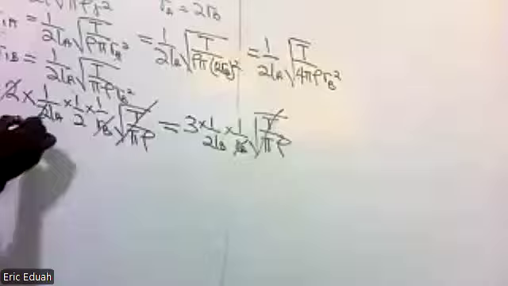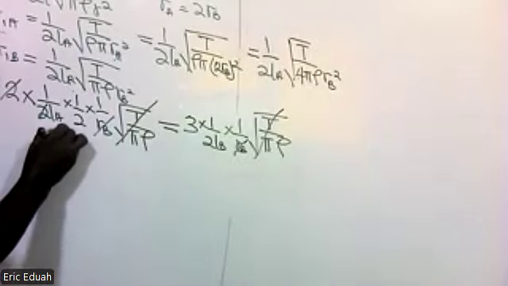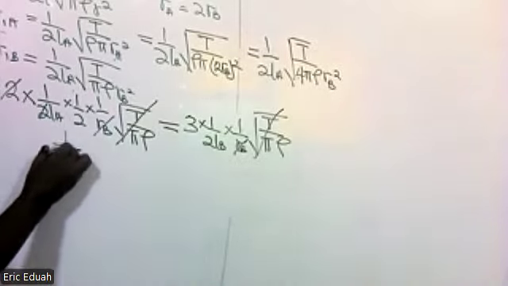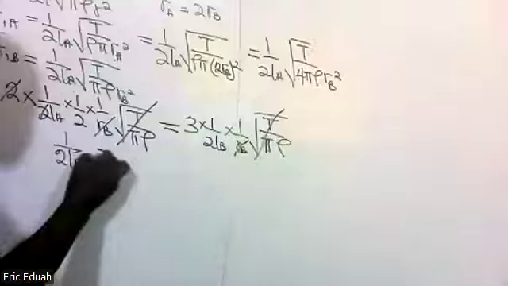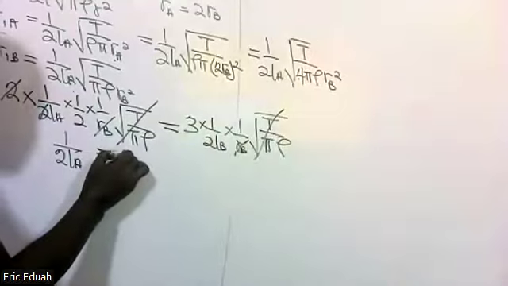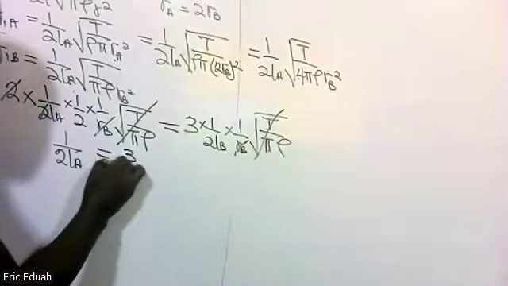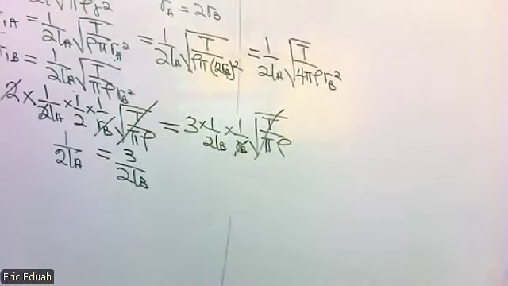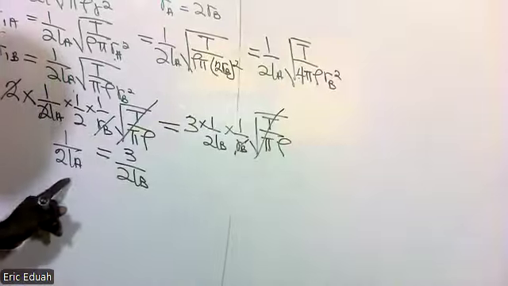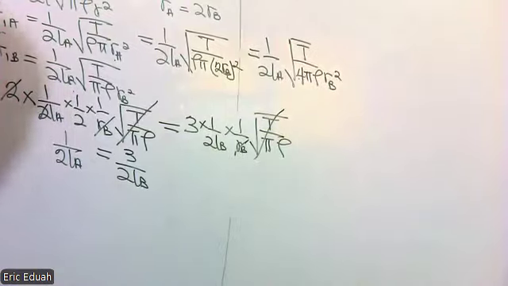What do we then have? We have 1 on 2 LA is equal to 3 on 2 LB. Then you take your ratio, either LB on LA or the other way around.